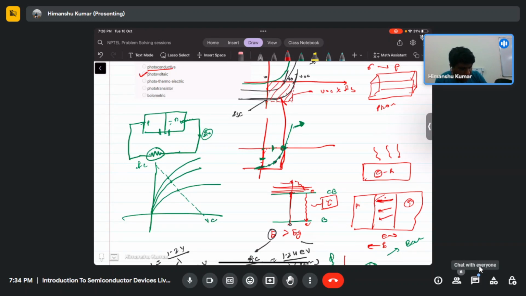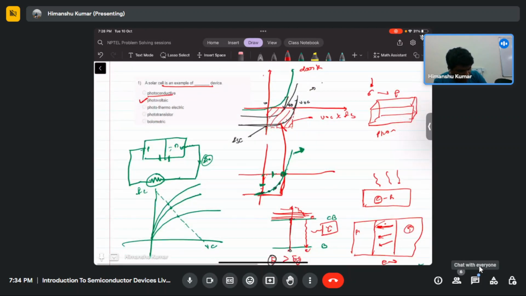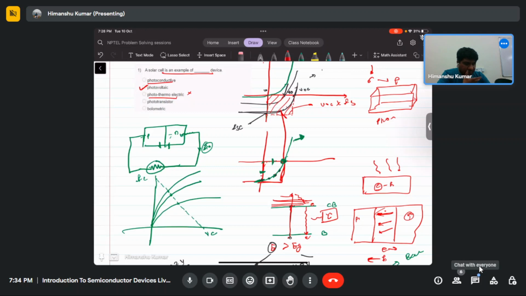The photothermoelectric effect is based on the thermoelectric effect, like these Peltier coolers. Basically, if you maintain a thermal gradient across two sides, then you can generate electricity based on that. So those are thermoelectric devices.